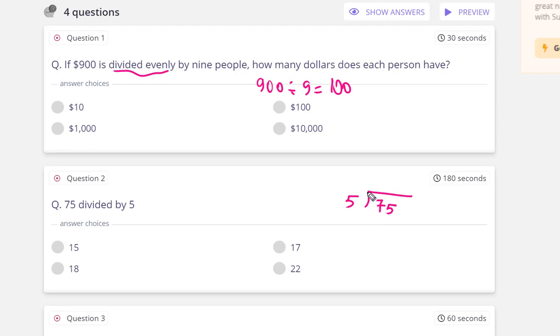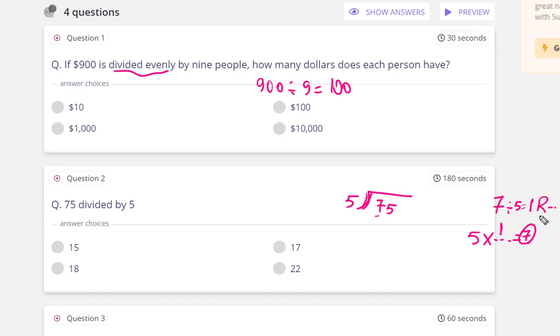So start with the 7 first. 7 divided by 5. What number times 5 gives 7 or something less than 7? 5 times 1.